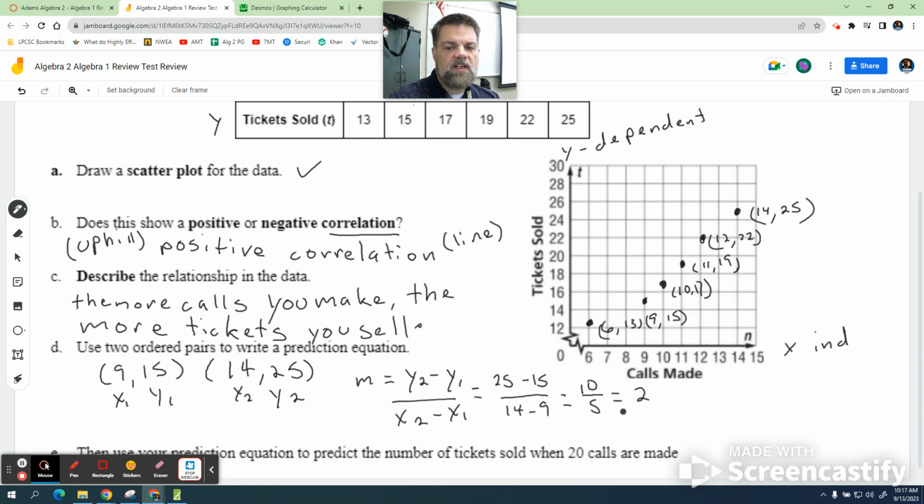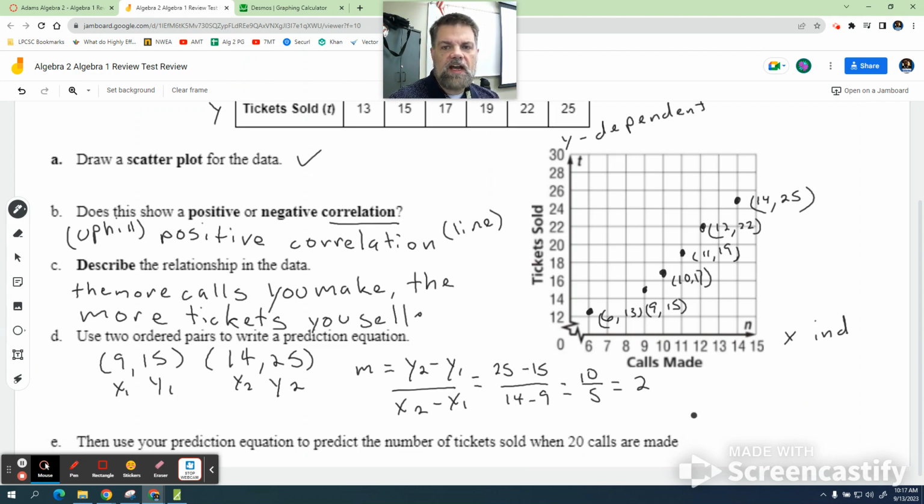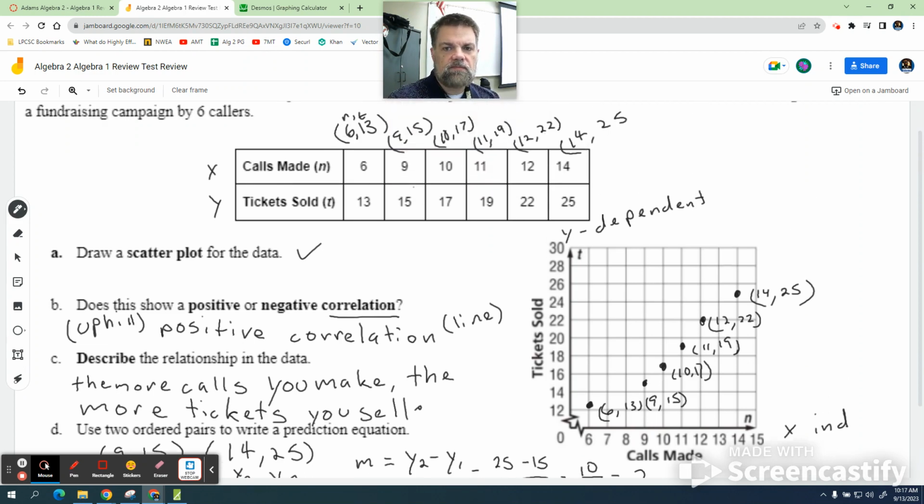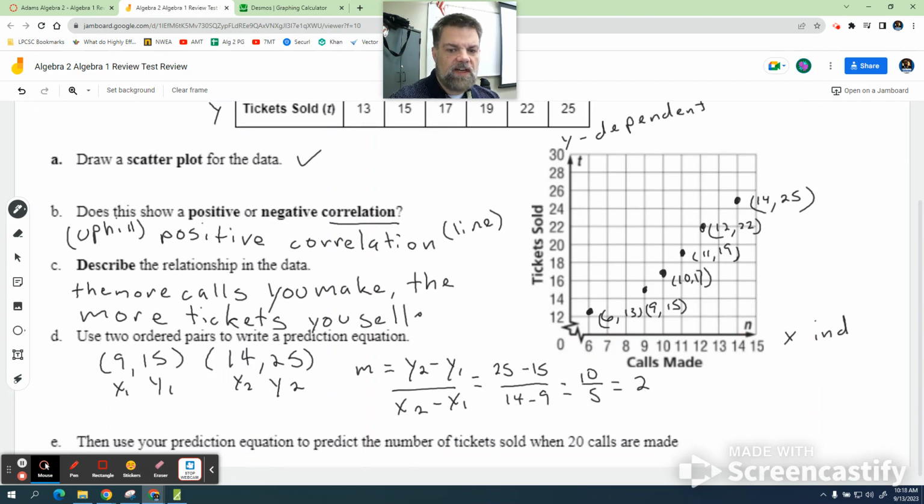Now, to find the equation of the line, we're going to write that in. Man, I'm really running out of room. So I'm going to write this really small. I'm going to say y minus y sub 1 is equal to m times the quantity x minus x sub 1. I'm going to plug in 2 for my slope, and then x minus x sub 1, which is 9, and then y minus y sub 1, which is 15.